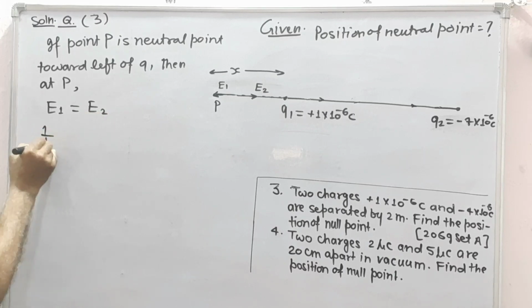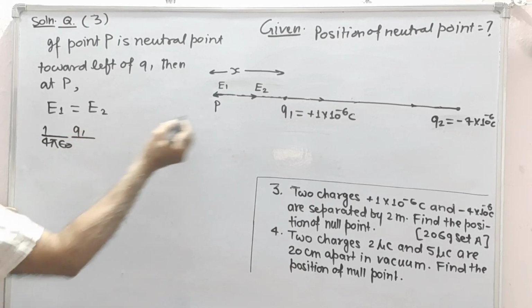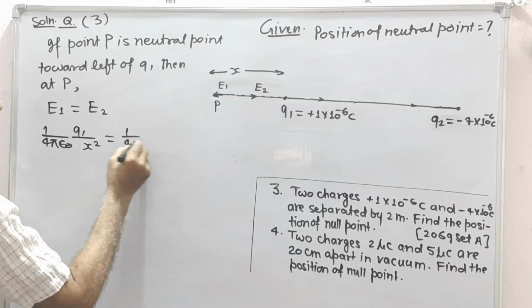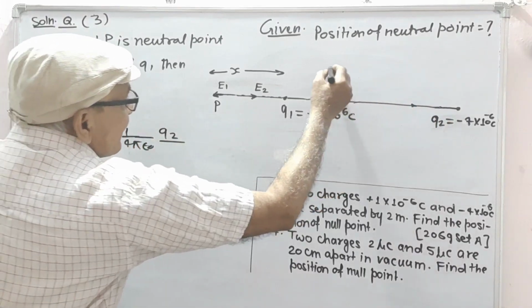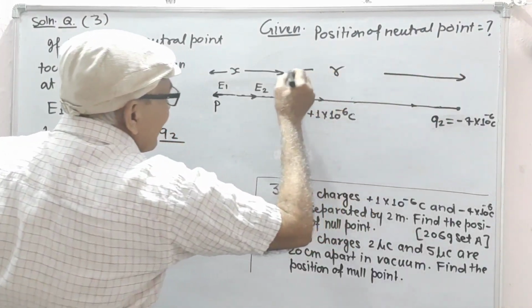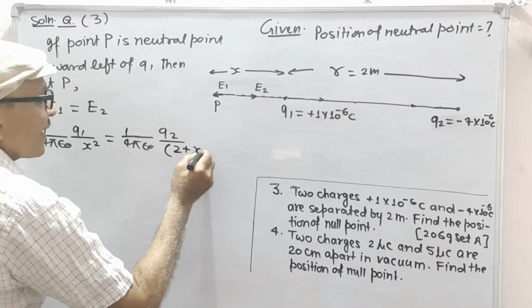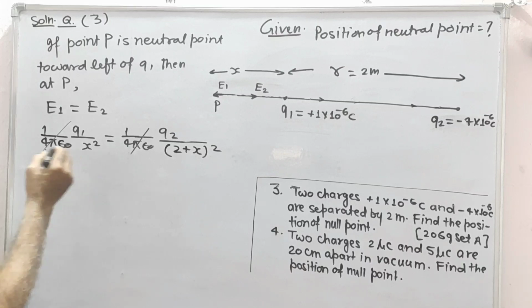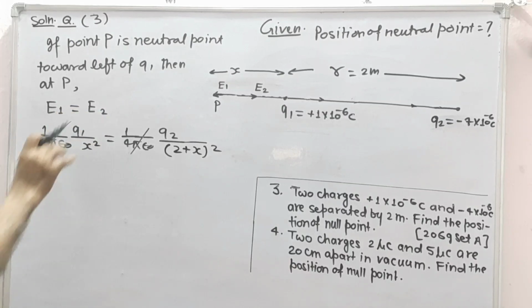So 1 upon 4 pi epsilon 0 q1 upon x square will be equal to 1 upon 4 pi epsilon 0 q2 upon this distance. This is r, which is 2 meter. So 2 plus x whole square. 1 upon 4 pi epsilon 0 cancels out, and electric field is a vector quantity. Therefore, in its calculation the negative sign is not included.